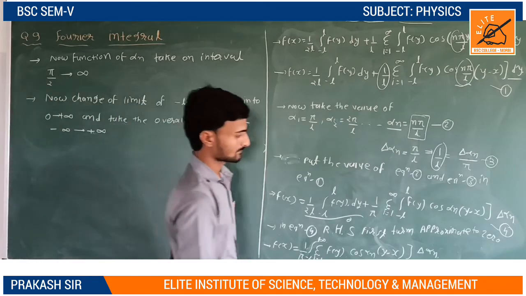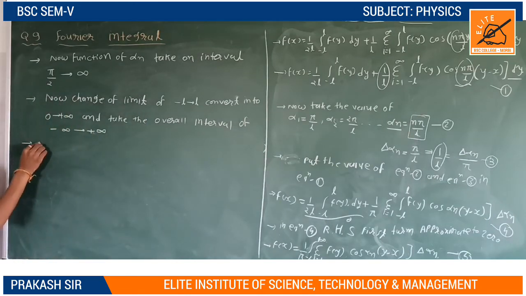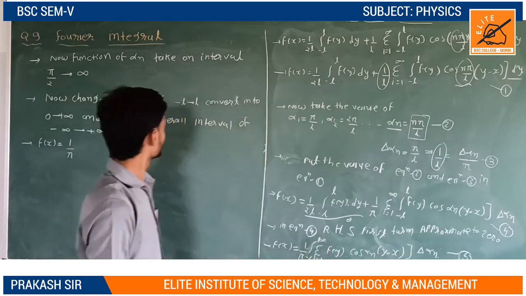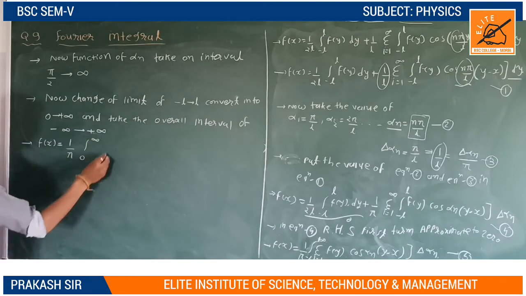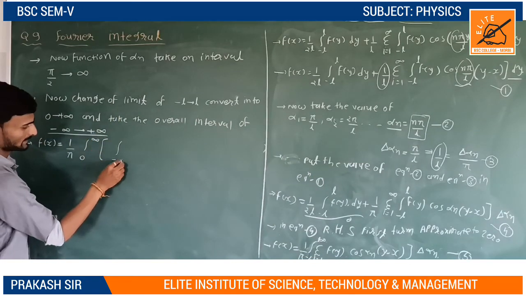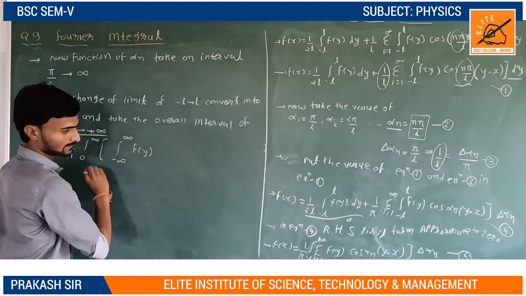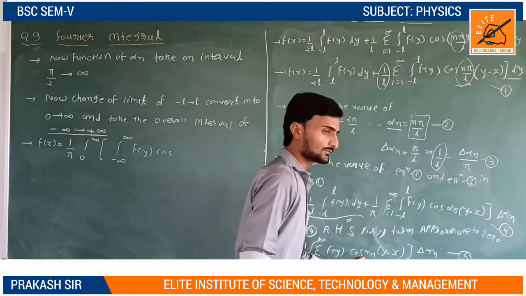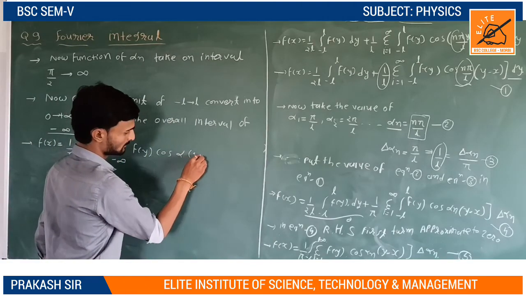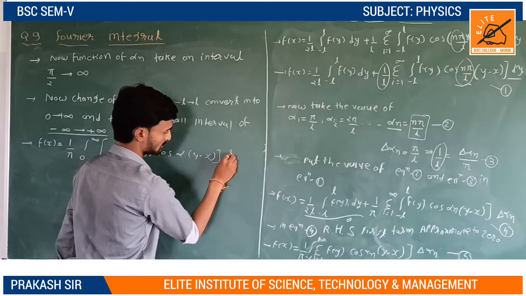Okay, so in equation number 5, rewrite the equation of f of x: 1 upon pi, with minus L to L converted into 0 to infinity, and the summation converted into an integral from minus infinity to positive infinity of f of y into cos of alpha times y minus x, with delta alpha converted into d alpha.